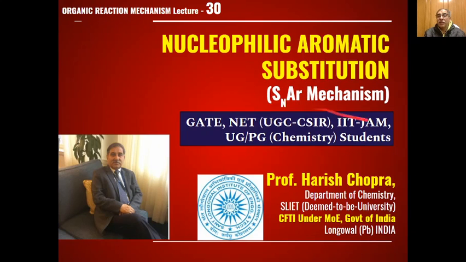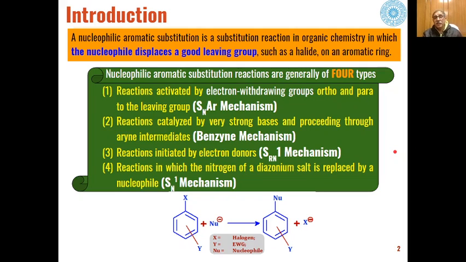AR is for aryl. So basically a nucleophilic aromatic substitution is a substitution reaction where a nucleophile displaces a good leaving group. So the only difference from aliphatic nucleophilic substitution is that here the substrate involved has an aromatic ring, whereas in aliphatic nucleophilic substitution the substrate involved was aliphatic in nature.